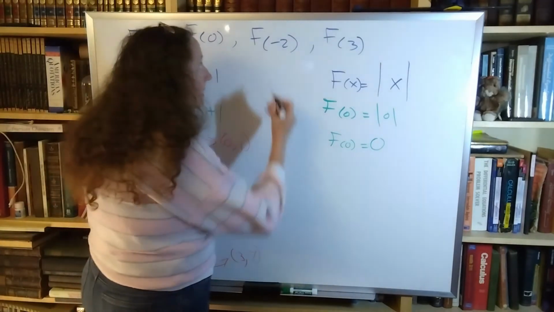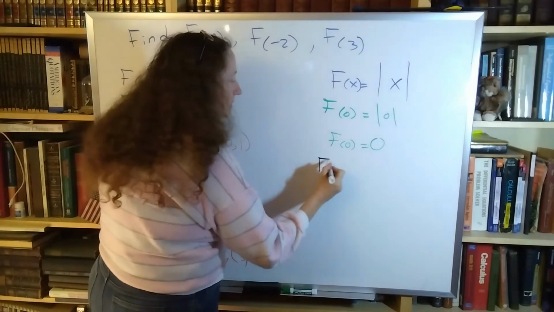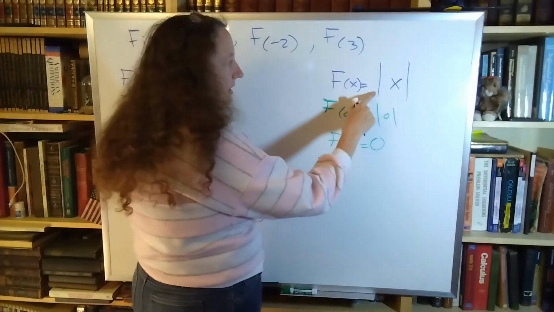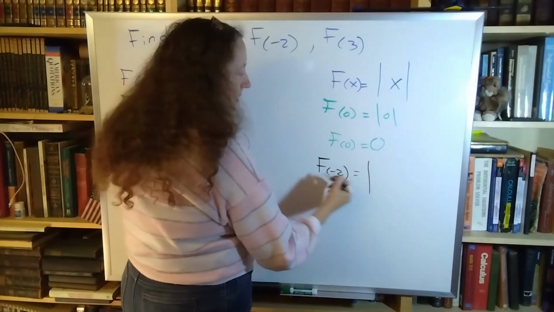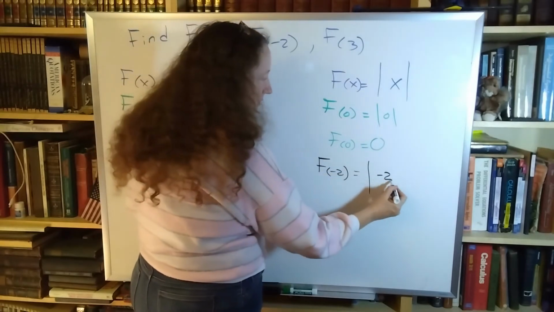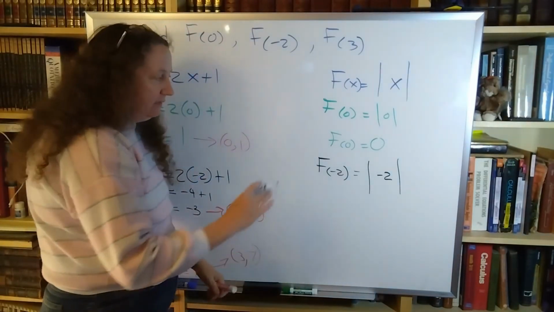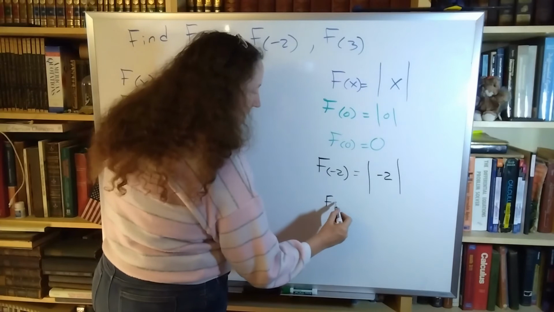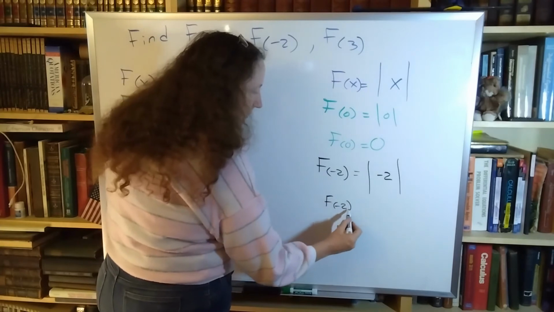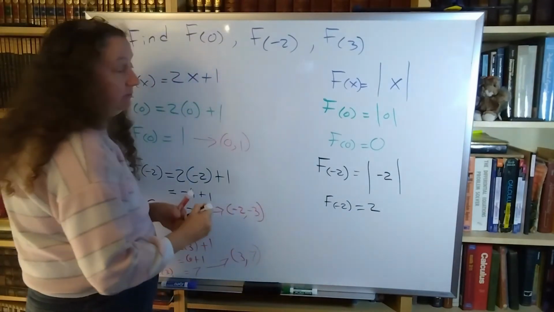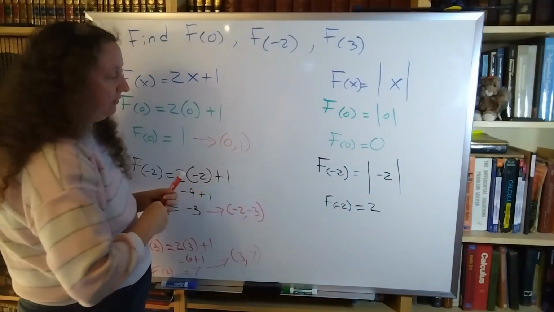Second one, I replace the x with negative 2. And I'm looking at the absolute value of negative 2. So when I take my absolute value, I get rid of the negative sign, and I have f of negative 2 equals positive 2. Well, just plain 2. Not even positive, just plain 2.